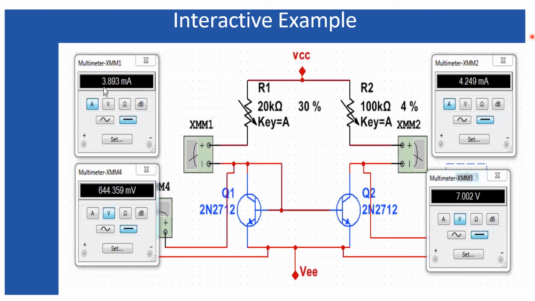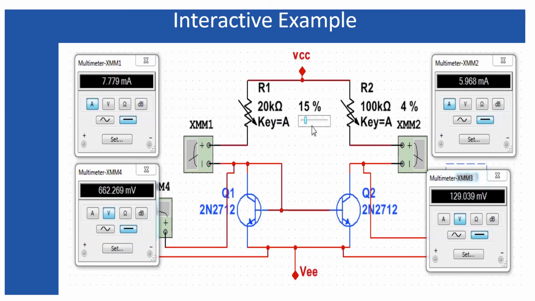You can see 3.893 milliampere is the current through this branch R1, but through R2 in this branch we get only 4.249 milliampere, and we can see the difference between this I0 and I reference current. The difference is very large, and this is because of the mismatch in R1 and R2. Now, as I increase this one, the mismatch becomes even larger.